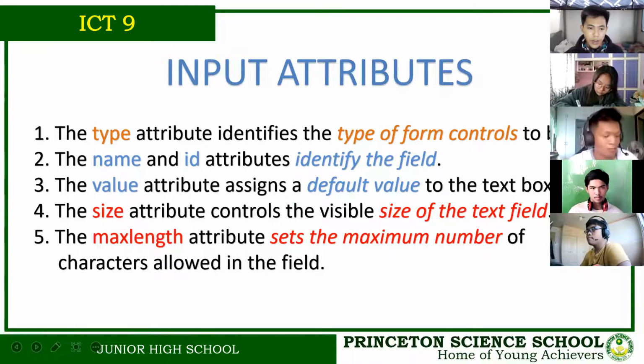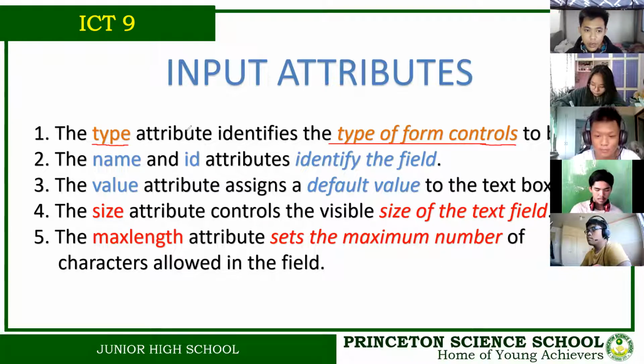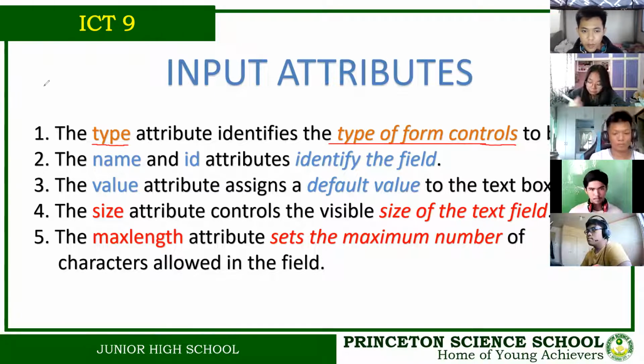So what I was saying earlier, the type attribute identifies the type of form controls to be set. So the type earlier, the given was type equals text. Okay, so that was the default. So another value for that formatting attribute is password. Okay, so later we'll try that out.